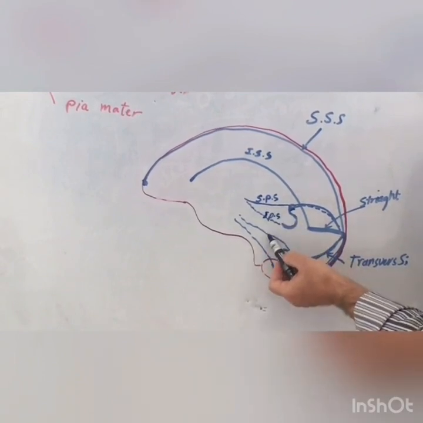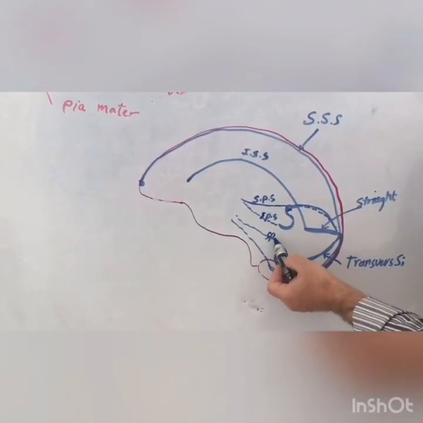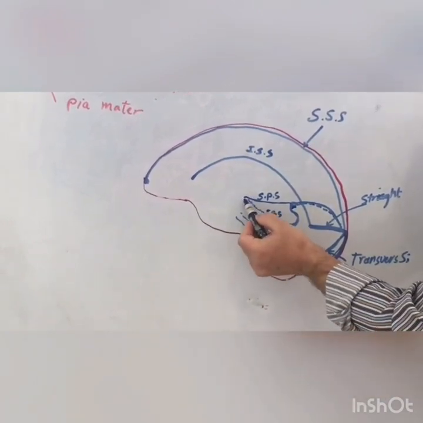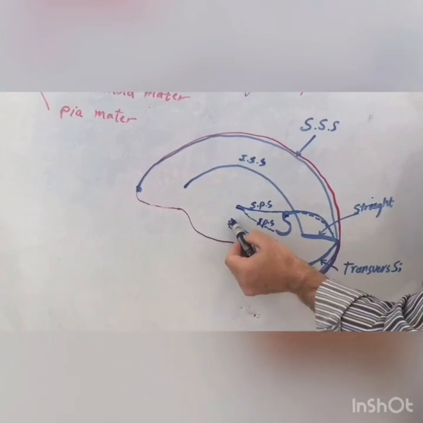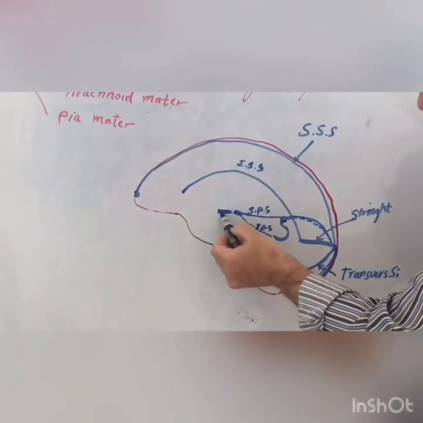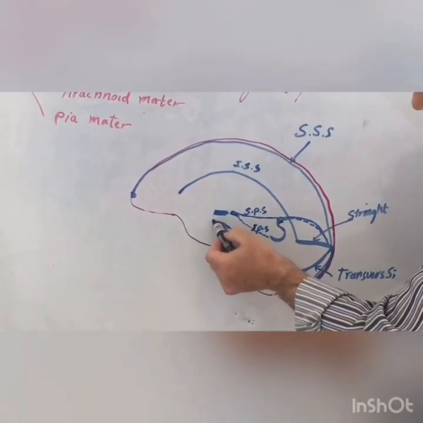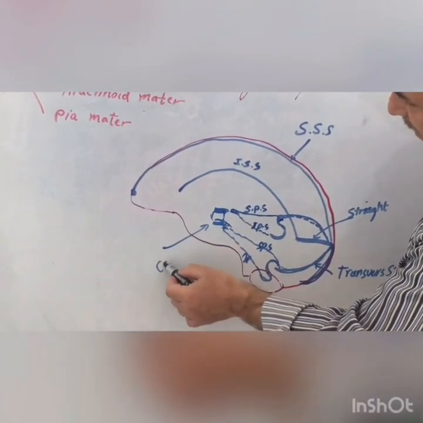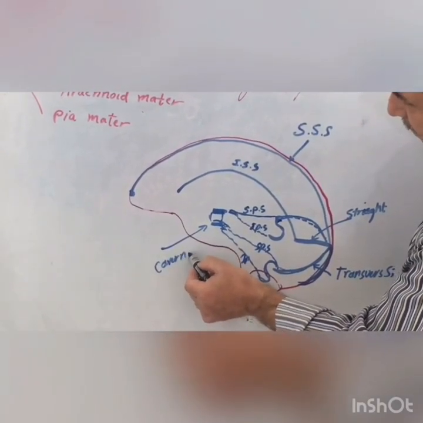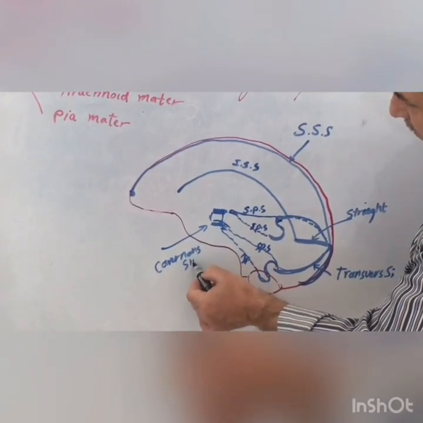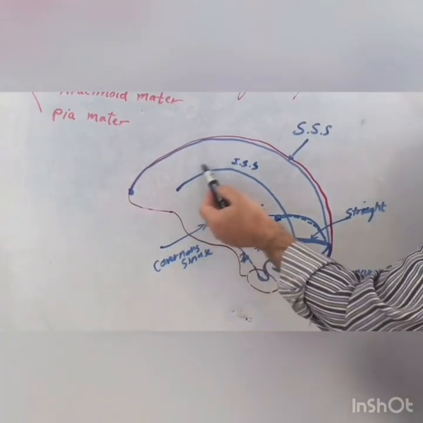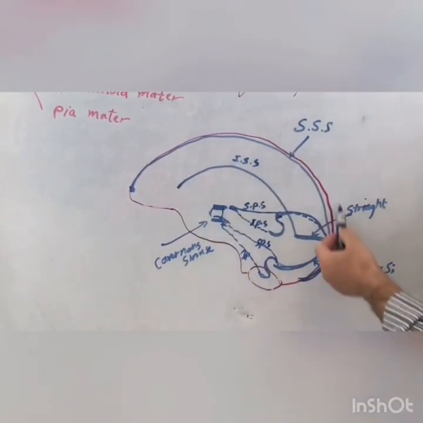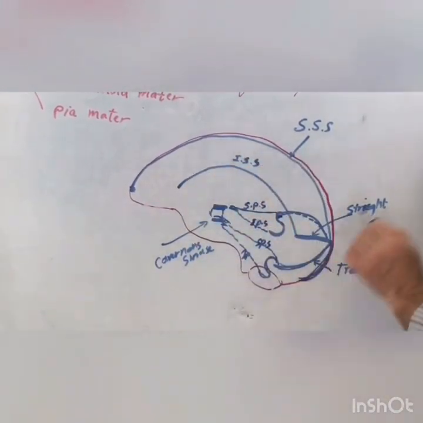The same thing here, superior petrosal sinus and inferior petrosal sinus. They extend anteriorly until reaching a region here. This is a big sinus, we call it cavernous sinus. So these are the major sinuses found in the cranial cavity.